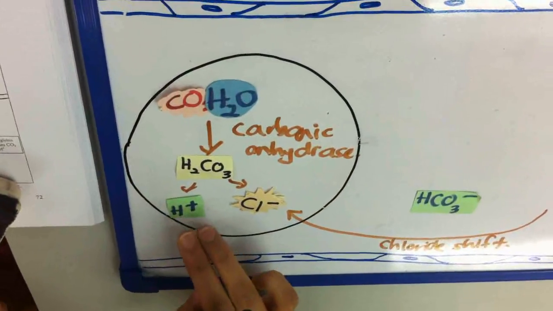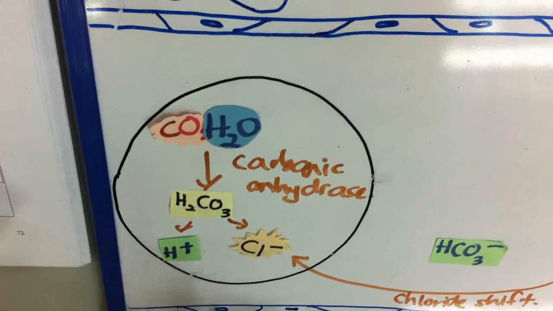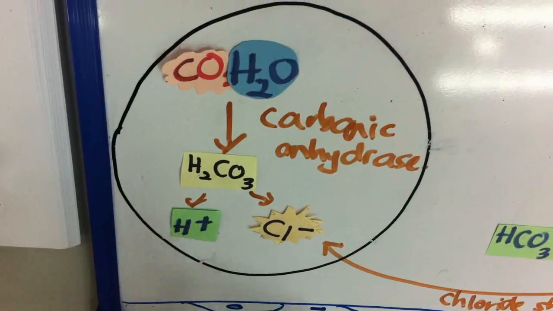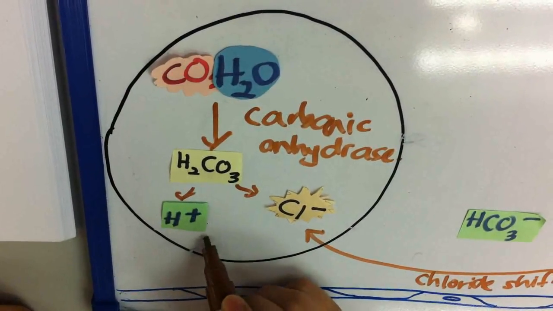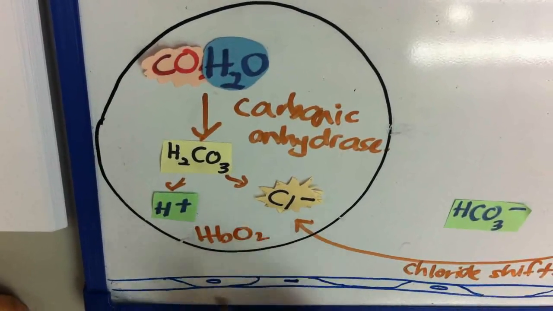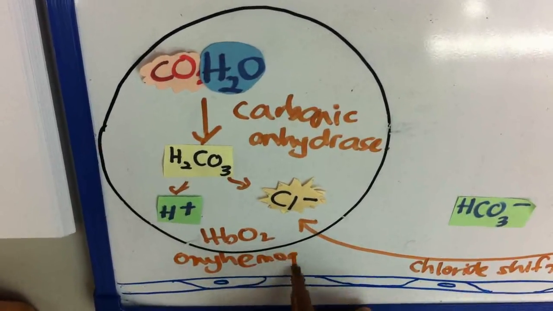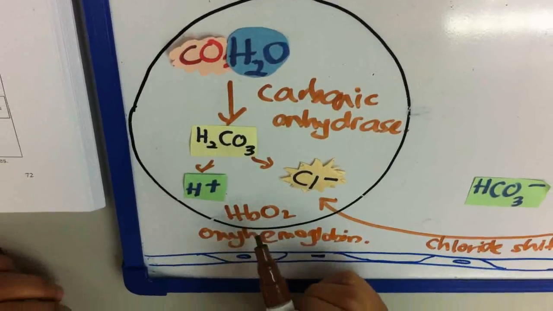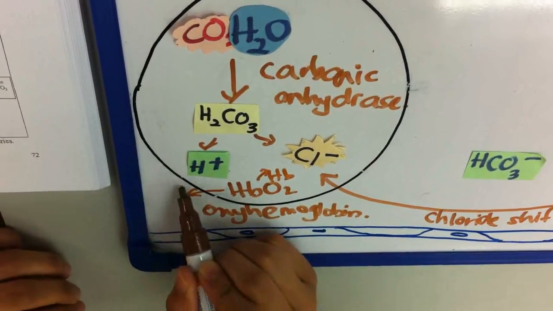With the increase of H plus ion, the pH will also decrease and become more acidic. So who is going to neutralize it or increase the pH? It comes from hemoglobin, from oxyhemoglobin, sorry, oxyhemoglobin. So oxyhemoglobin will dissociate to become hemoglobin and also oxygen.